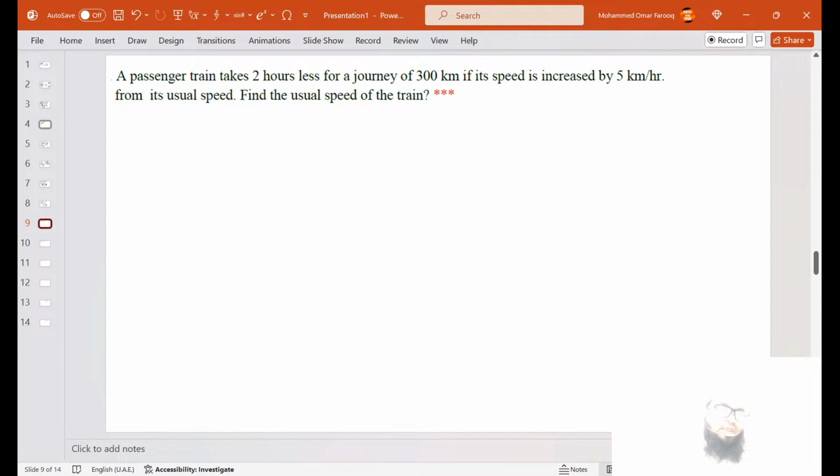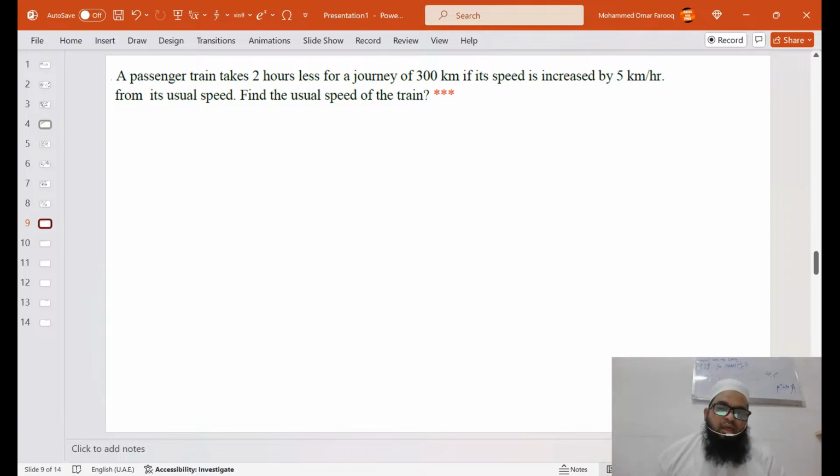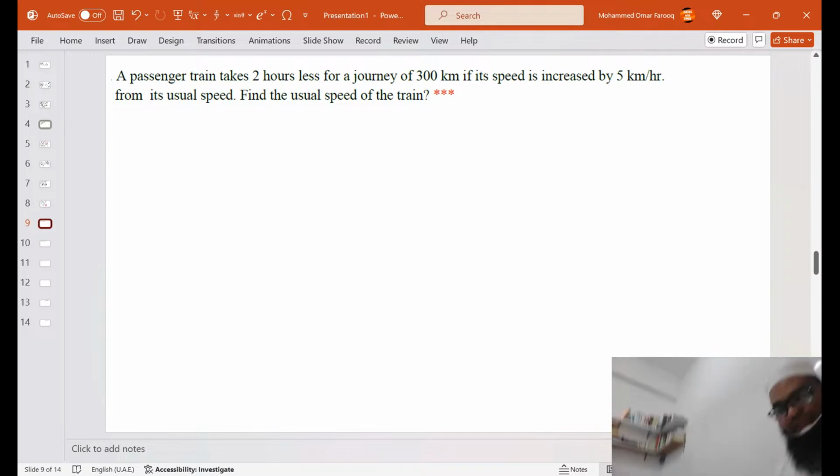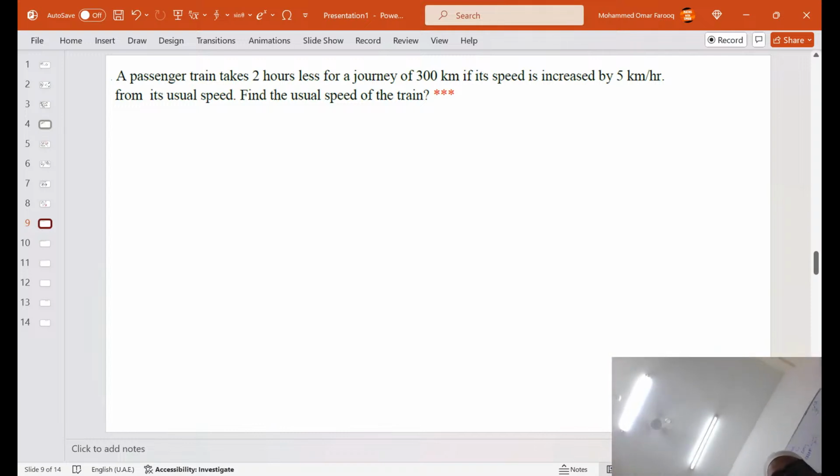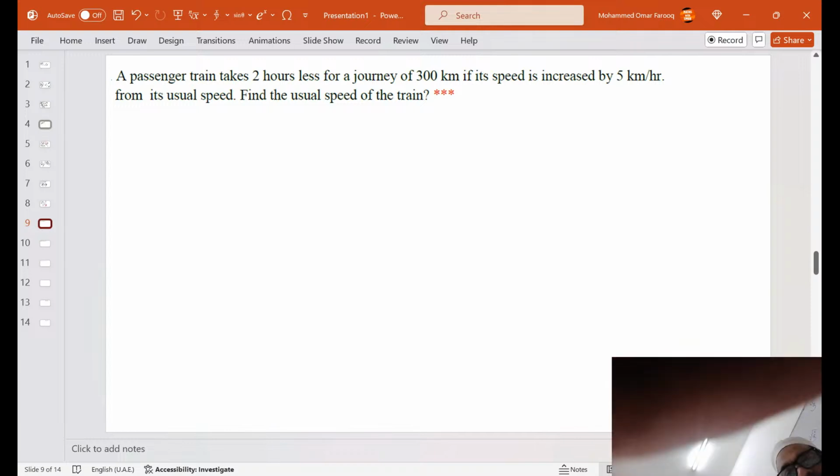Since these are application problems, I cannot write it slantingly, so I want to turn off the camera and keep it normal. If I keep it normal, you will be able to see only my roof. So instead of that, I'll just close my camera.